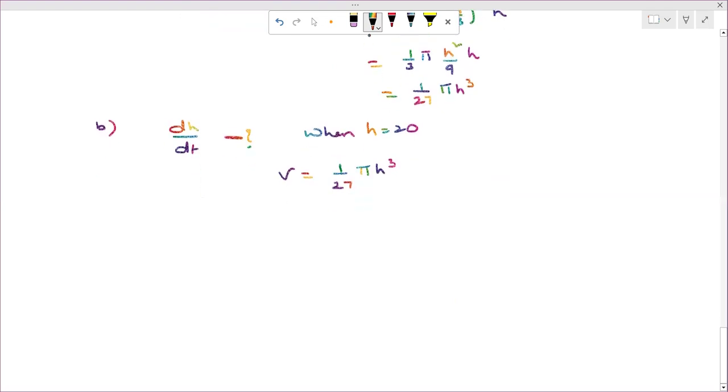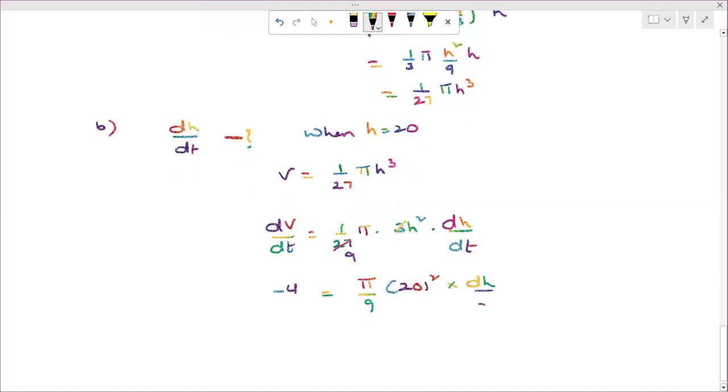Differentiate with respect to time: 1 by 27 pi, h cube gives 3h square into dh/dt. This equals minus 4. Pi by 9, h equals 20, so 20 whole square, and dh/dt we require to find.